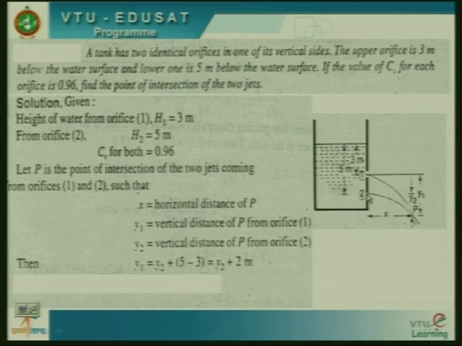I said at the beginning, this total depth is 5 meters. Out of that you subtract this 3, so the distance from the first orifice to the second orifice is 2 meters, plus from orifice 2 to point P, y2. Therefore y1 is equal to y2 plus 2 meters.